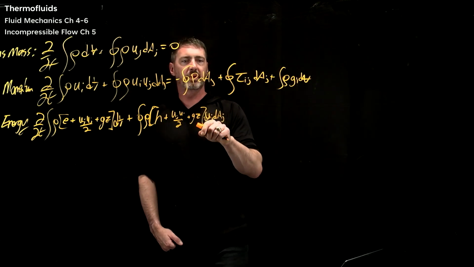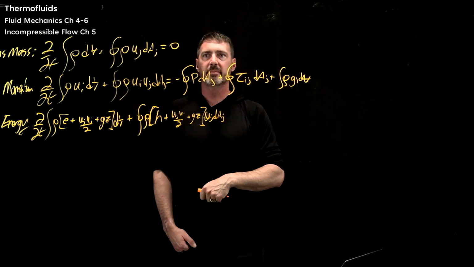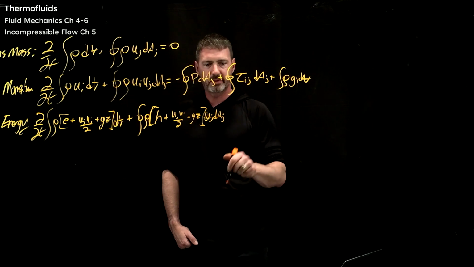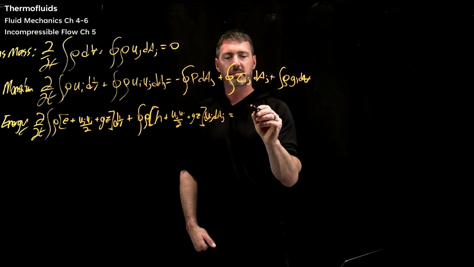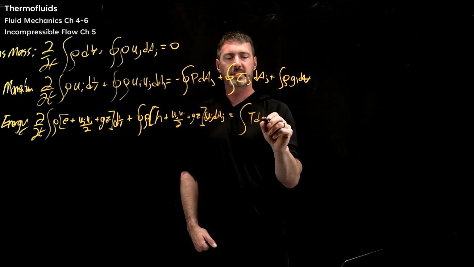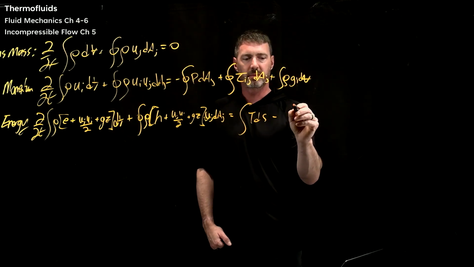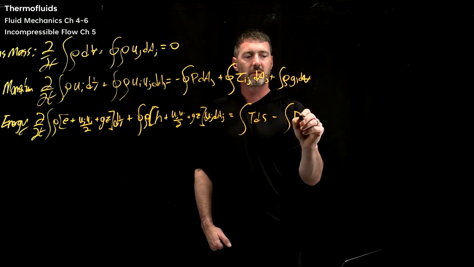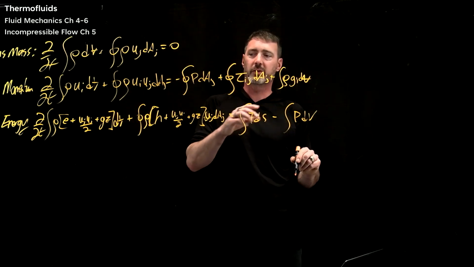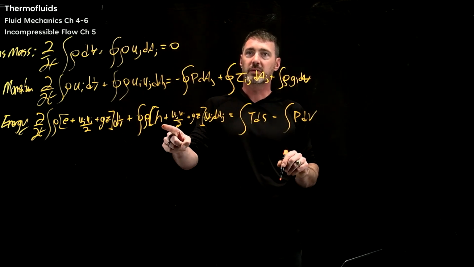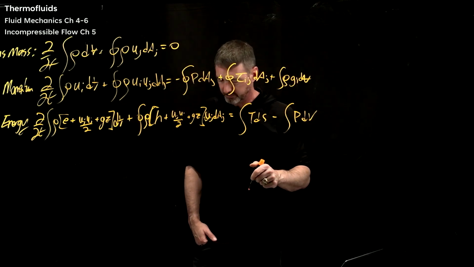The reason I did that is because we could take a pressure term and convert it into this, and you get that P plus PV, which is nice, such that the remaining term over here is heat, which we now know to be the integral of TdS. And then this is our regular work, so integral P dV. The work coming across the control volume got pulled into h over here. Okay, and so that's then our energy.